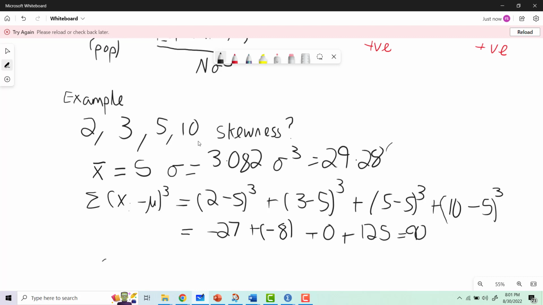And then our skewness is going to be 90 all over 4, as per the formula, because that is my value of n, and I have 4 observations, times my sigma cubed, which was 29.28. And then, given that large 125, it's no miracle that we have this positive skewness.